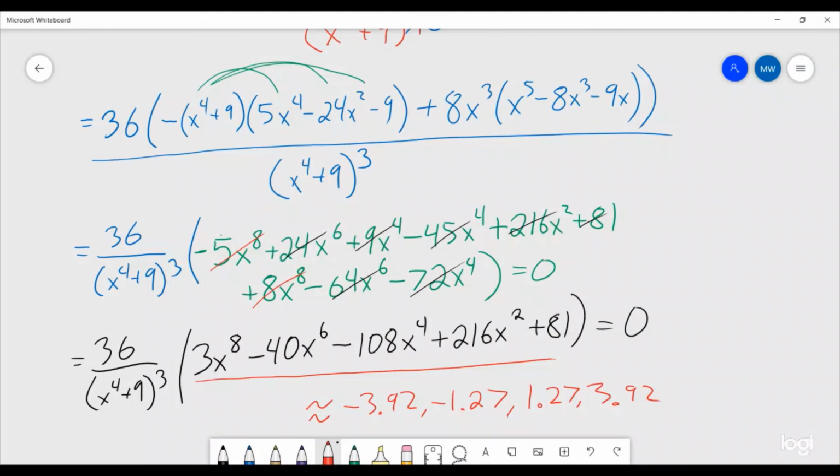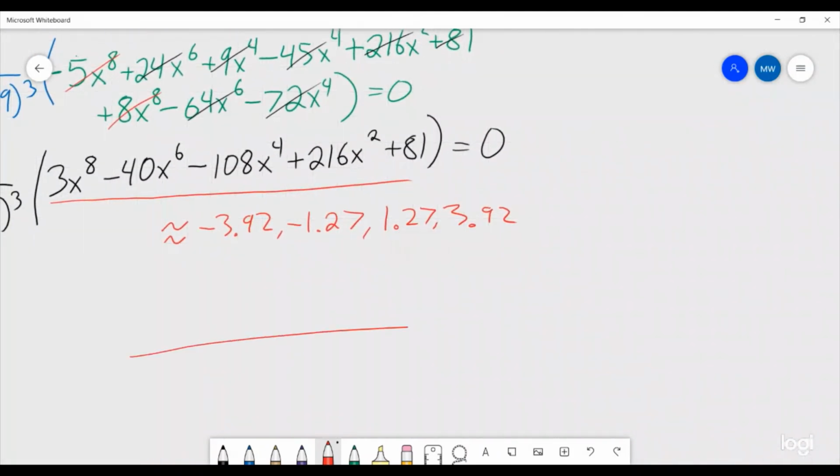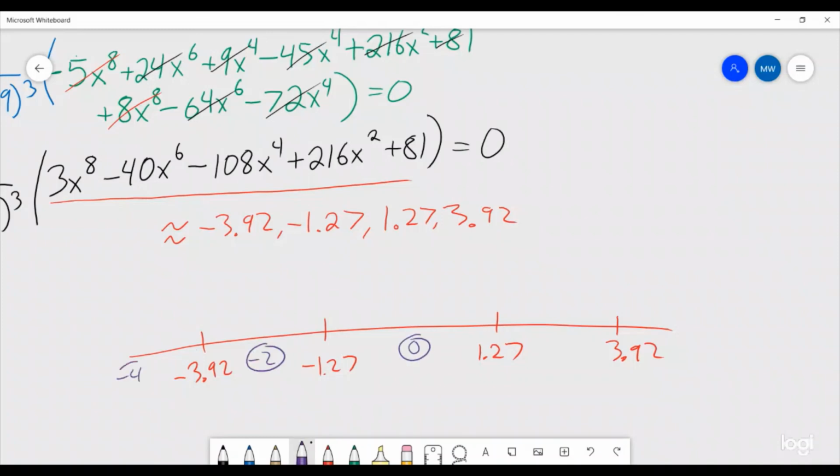And so then we just need to find what's the second derivative on either side of these. If we were to put these on a number line, we've got negative 3.92, negative 1.27, 1.27, 3.92. There are some pretty easy numbers to plug in. We could plug in 0, negative 2, negative 4, 2, and 4.